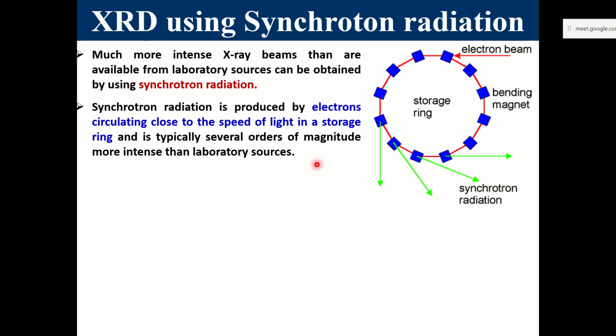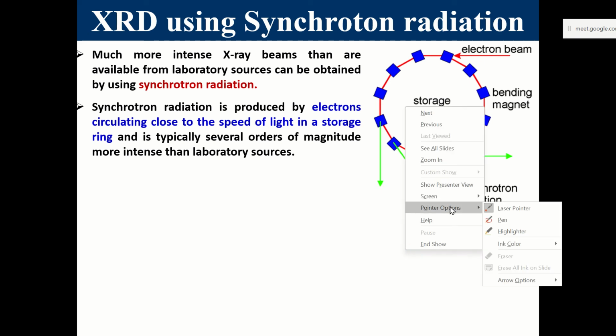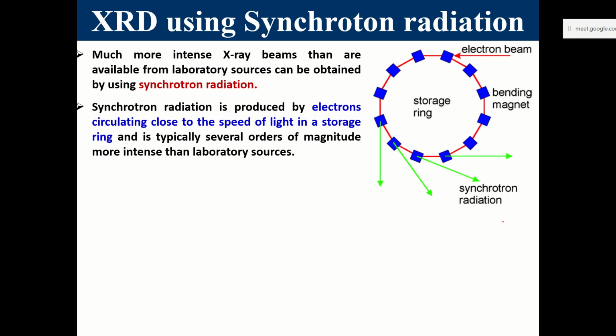But in this case, the advantage: all these things that we see here are X-rays. We also call it synchrotron radiation. These are the same thing. So these X-rays are generated, which are much more intense, and you can get different frequencies by controlling the speed of electrons in the beam.